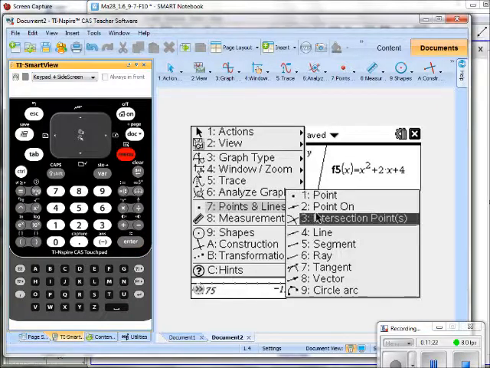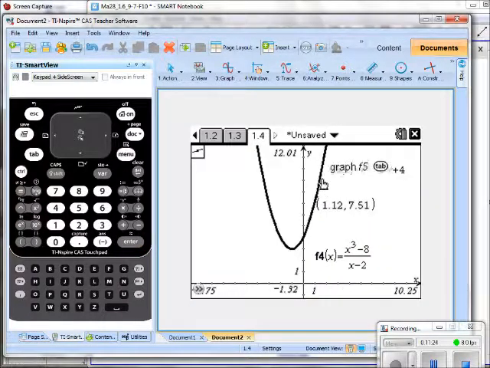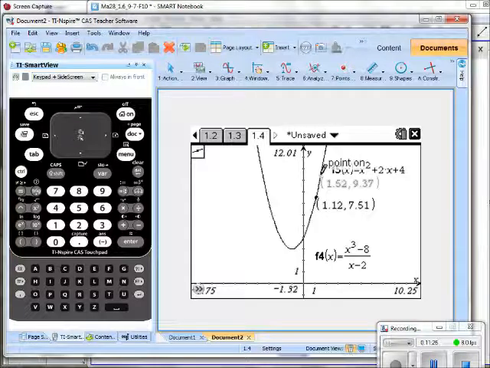This would be pretty neat if it could distinguish between those two. Graph of f5. Okay, so I got a point there. If I take this point and I change that to 2, it goes. Now, why would that go on f5 and not on f4?